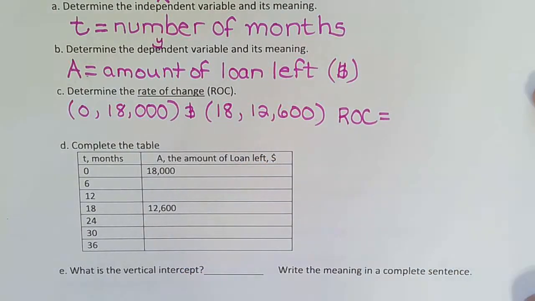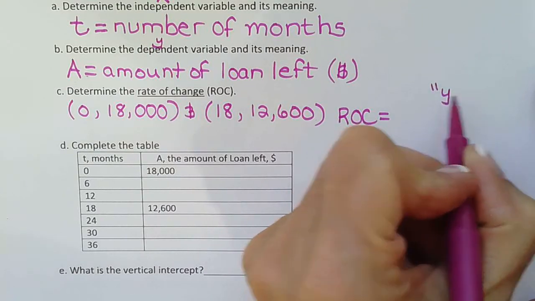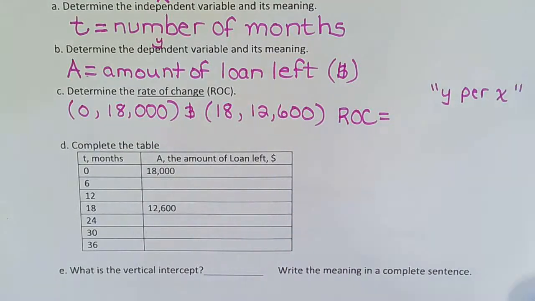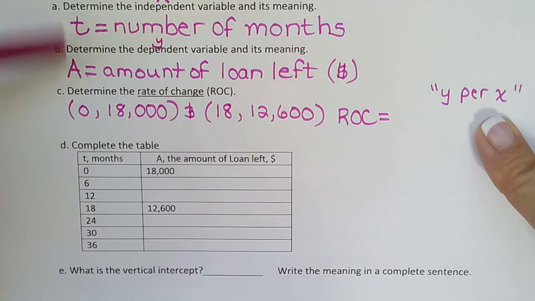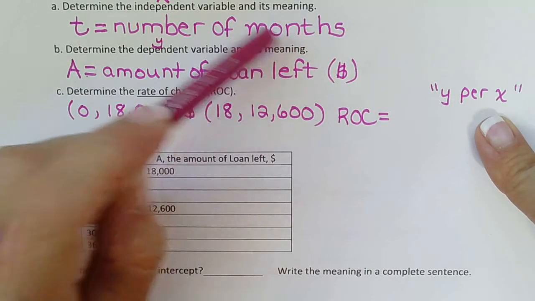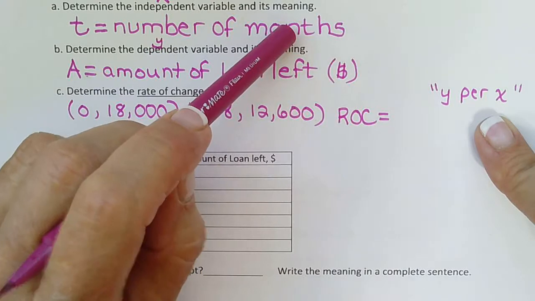If they just ask for slope, you can just find the slope. But when they want rate of change, that means it needs the y per x on it. Let's be sure to write that to remind ourselves that after we find the rate of change, we have to put the label. That's why they make you do this first. So now you know what y per x is: dollars per month.